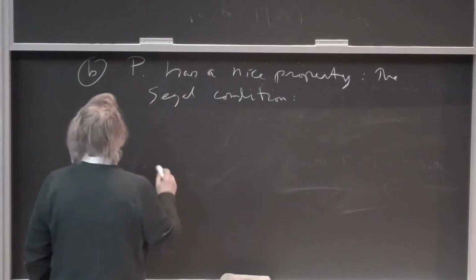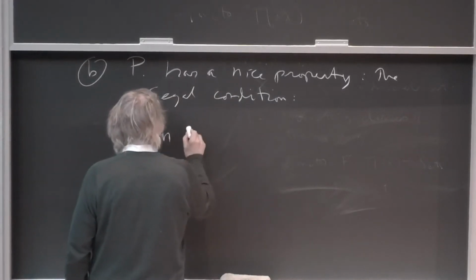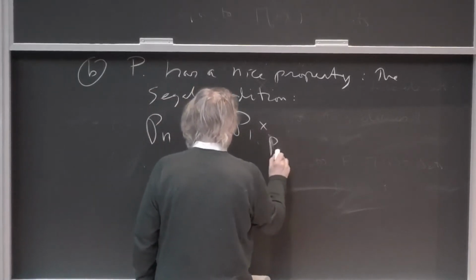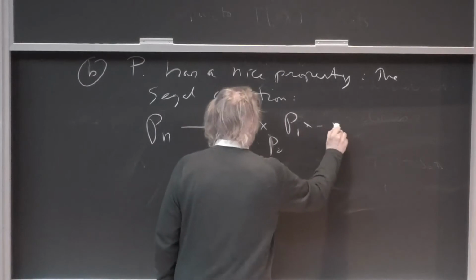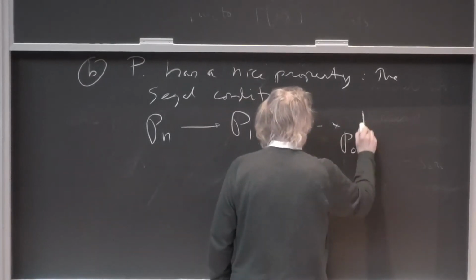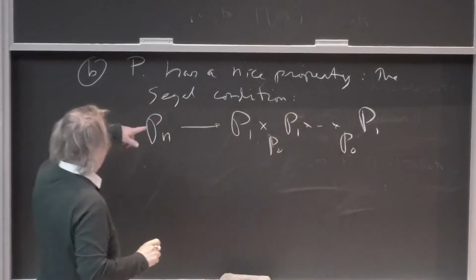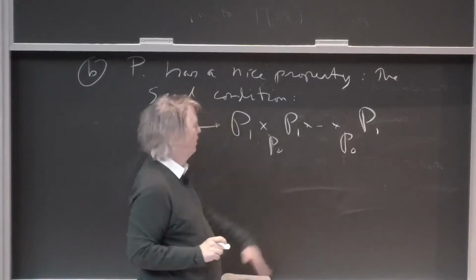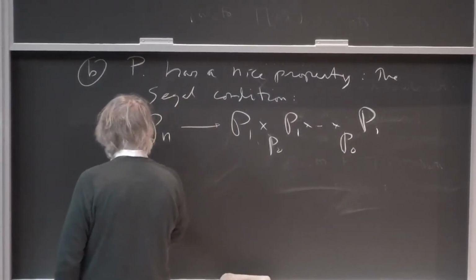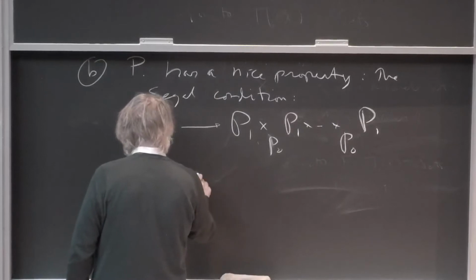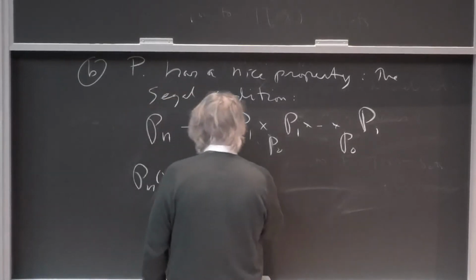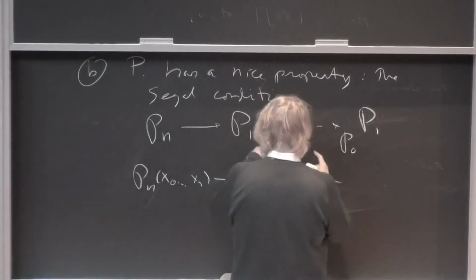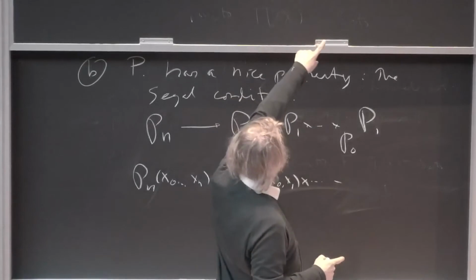It says that if we take Pn, we can map Pn into a fiber product of copies of P1. Okay? So it's really Pn of x0, comma xn really goes to P1 of x0, x1, cross, and so on. This fiber product over P0, remember P0 is a discretized space X.